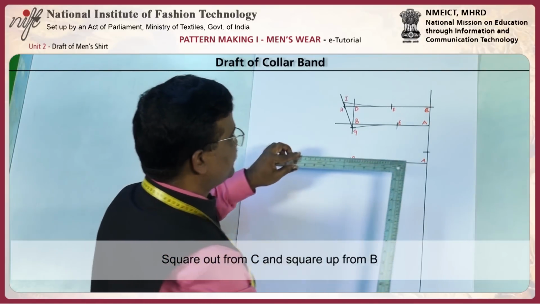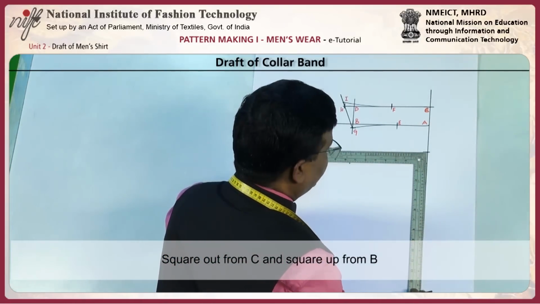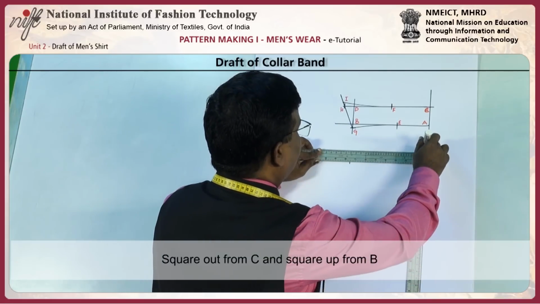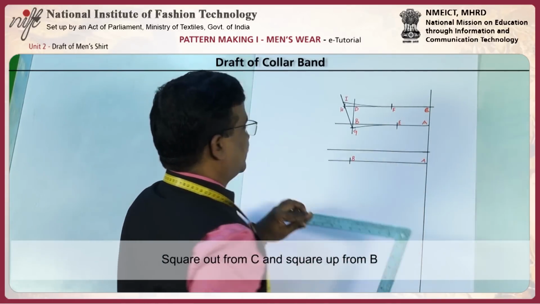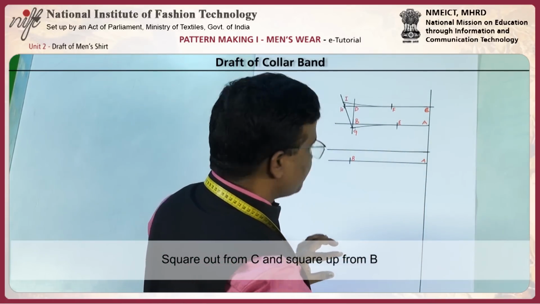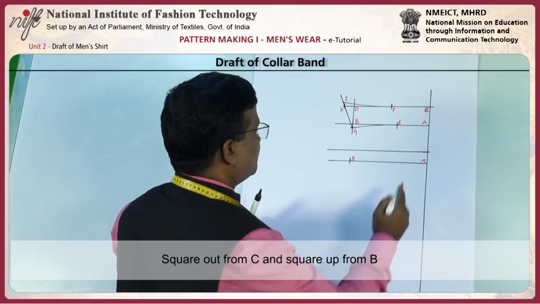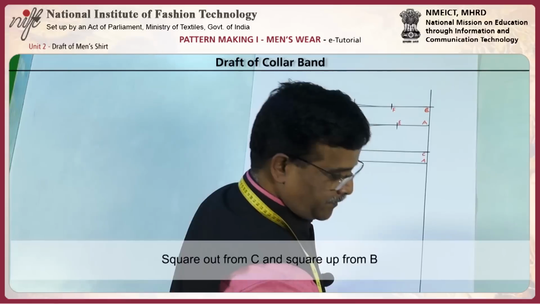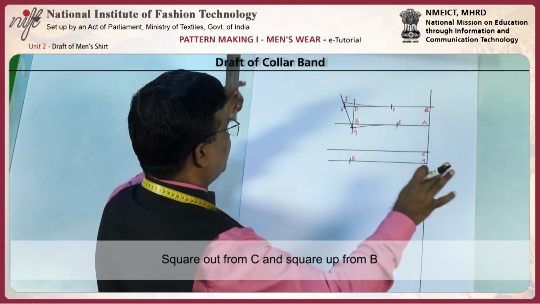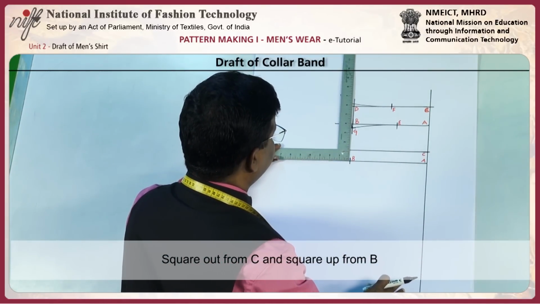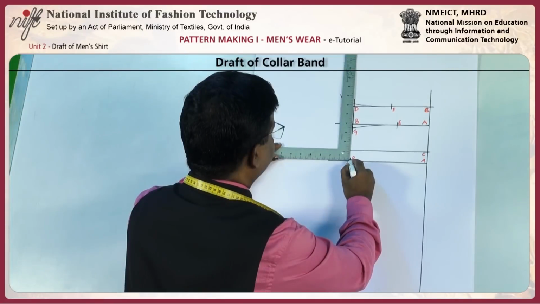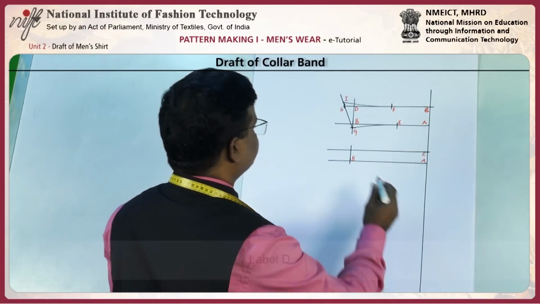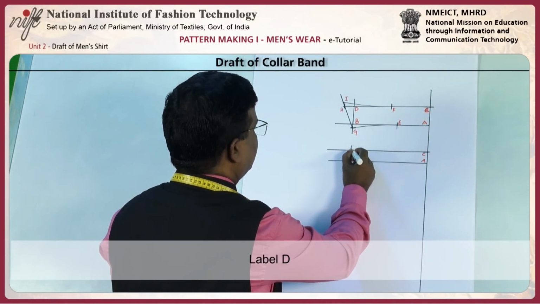Square out from C, then square up from B. Label D.